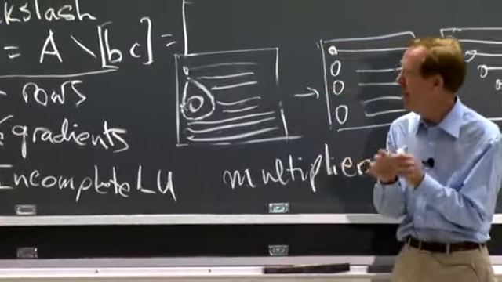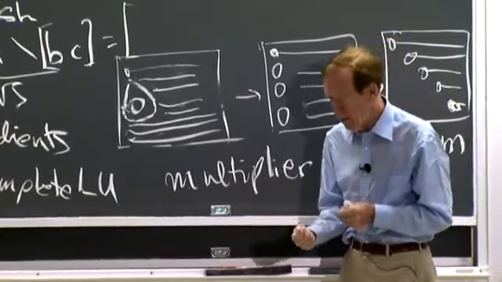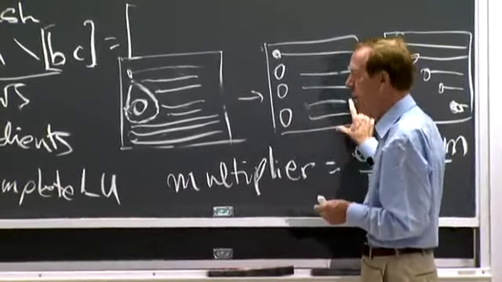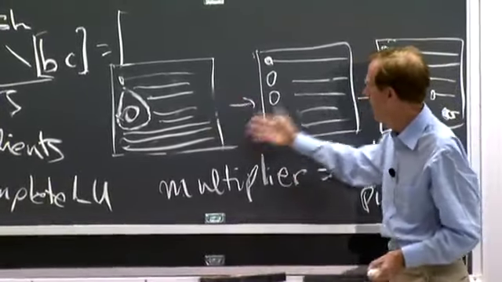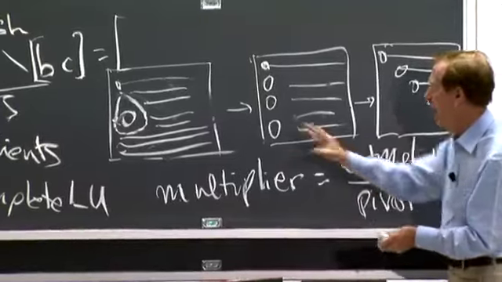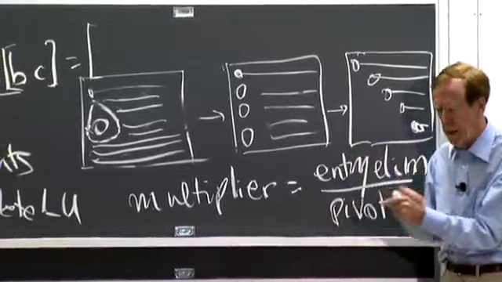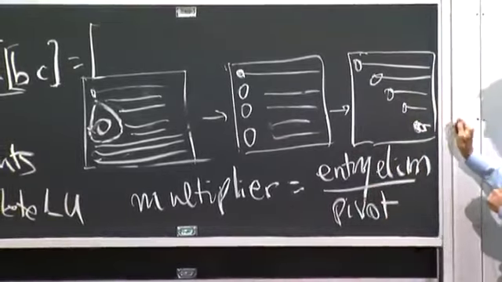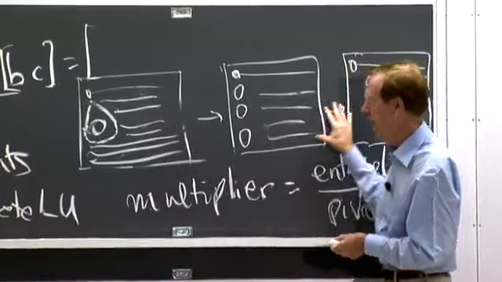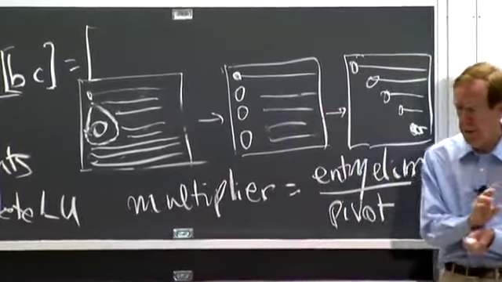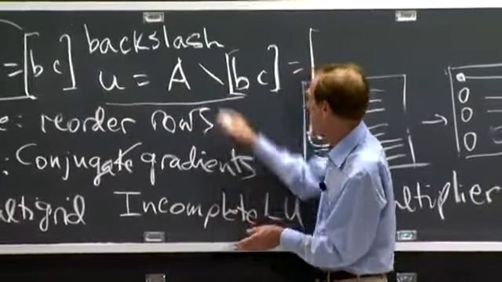And the point is, you don't want to go through the elimination process on A twice. That's crazy. You see how that elimination process on A, what I described here, didn't look at B. I didn't even get to the right-hand side part. I was dealing with the expensive part, which is the matrix A. So we don't want to pay that price twice, and therefore backslash is all set up.